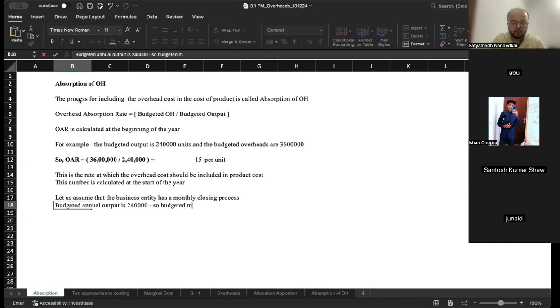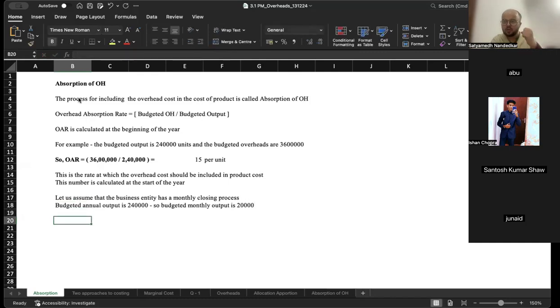So budgeted monthly output is naturally 2,40,000 upon 12, that is 20,000. Monthly closing means they calculate the results and the performance at the end of each month, and they also calculate the financial position, assets, liabilities, debtors, and everything. They close the details for that month and then they move on to the next month.